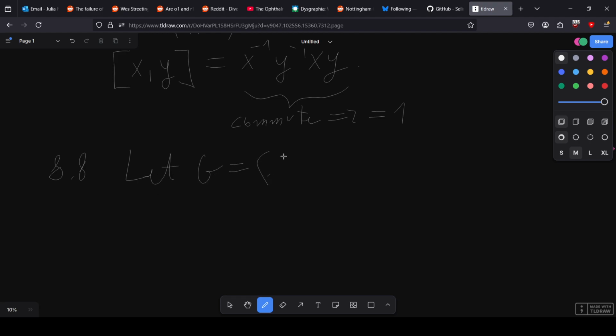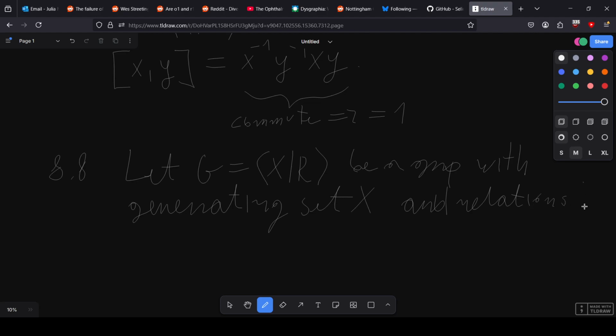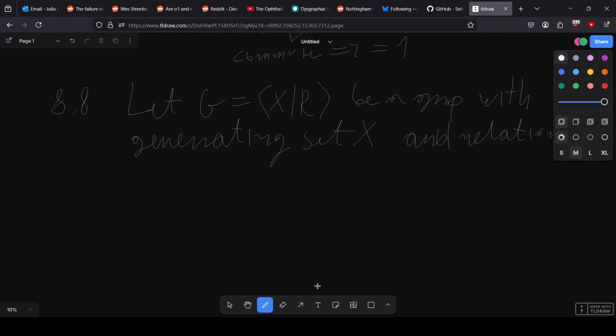Let G, angle brackets X given R, be a group with generating set X and relations R. If R includes the commutator xy for all x and y inside of the generating set X, then G is abelian.